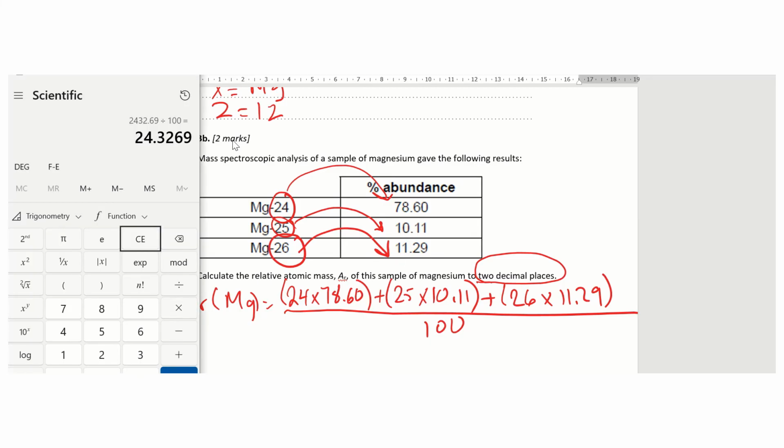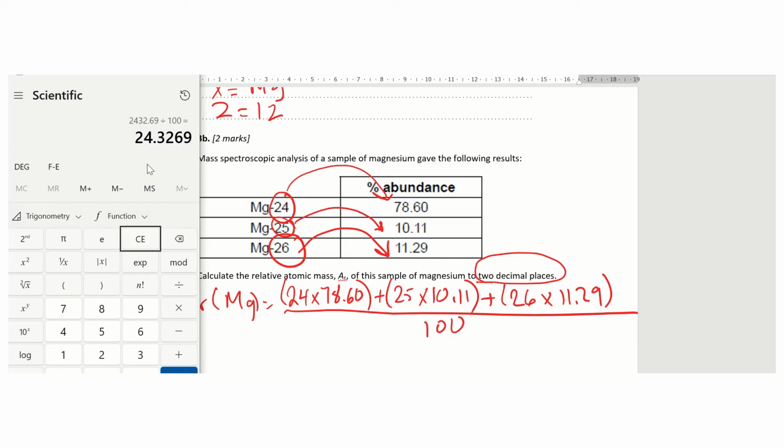The next step is to calculate it in the calculator, and the important thing is that you need to use brackets. Without the brackets, you might run into problems and get incorrect answers. So when you're working it out, you put bracket 24 times 78.6 plus 25 times 10.11 in its own brackets plus bracket 26 times 11.29 bracket over 100.